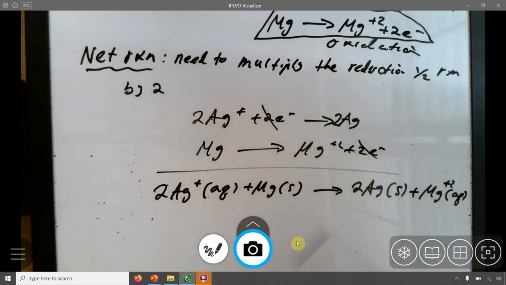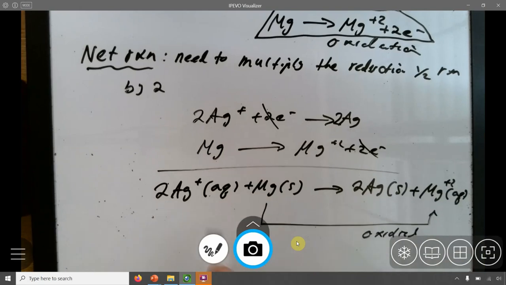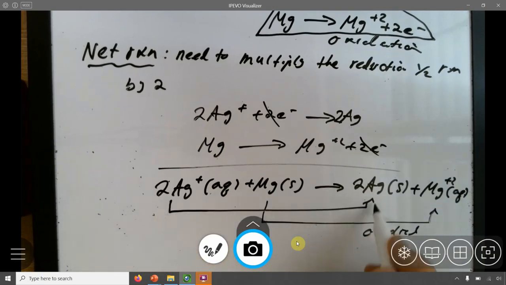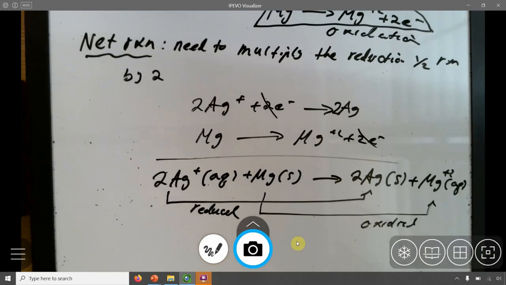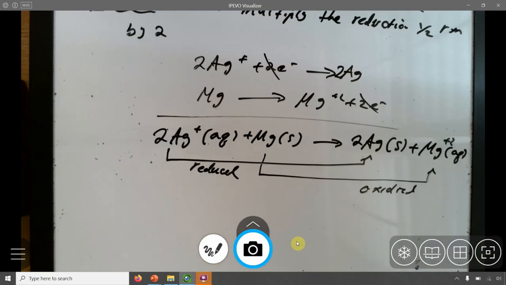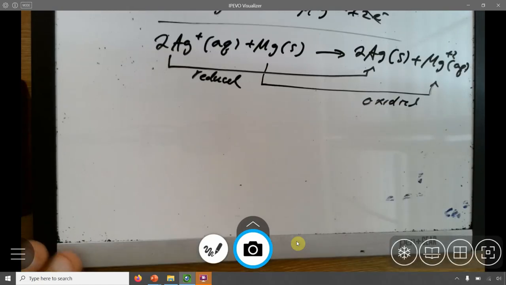So now I know which one is being reduced and which one is being oxidized. I already knew that. This one is getting oxidized, and this one is getting reduced. Perfect. So I know all of this. Wonderful. Now, to do the galvanic cell, it's fairly simple.